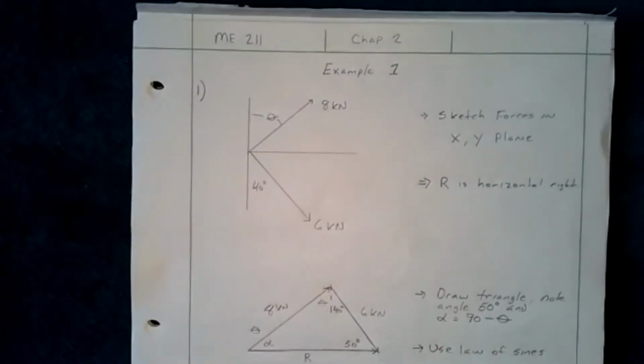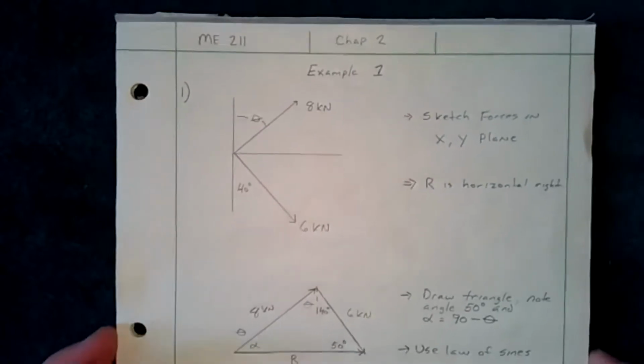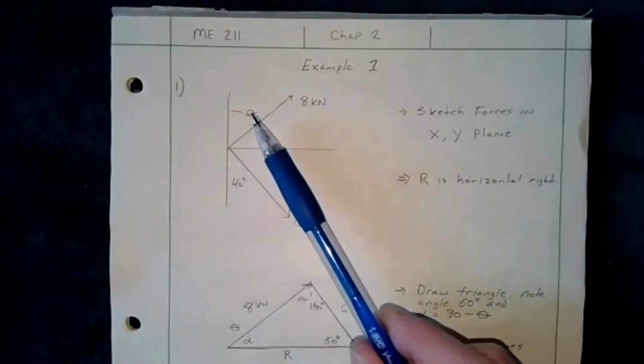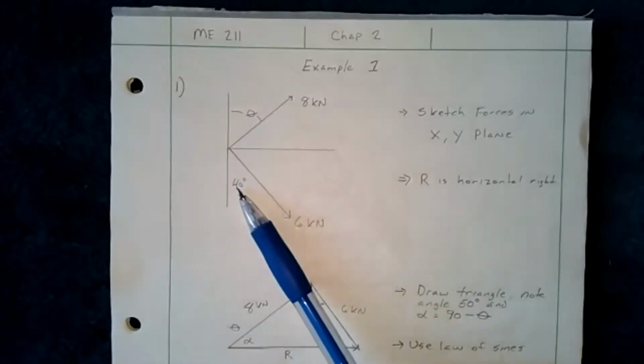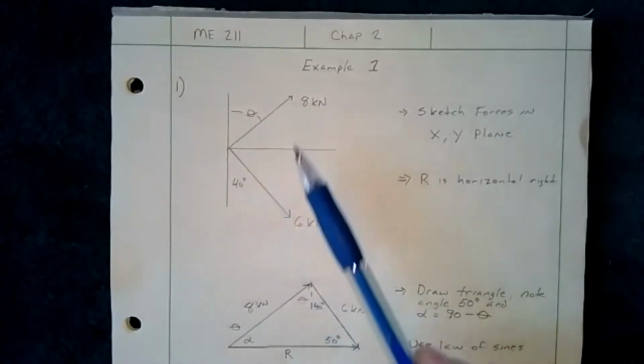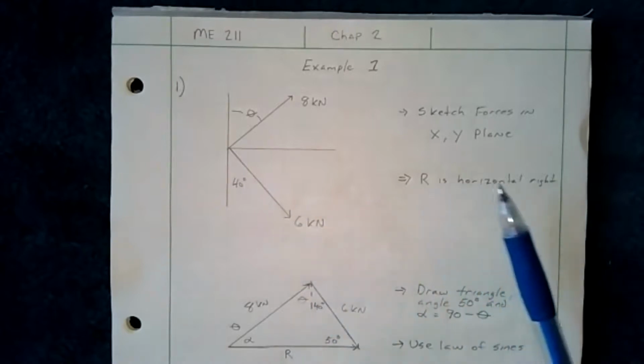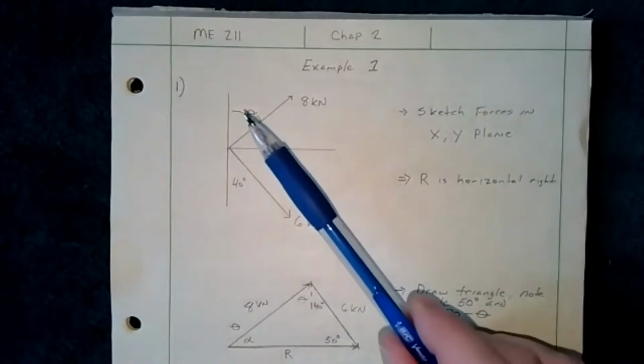So here is that example written out. Here I have my theta, I have my 40 degrees, 8 kilonewtons, 6 kilonewtons. I know I want to get R so that it's horizontal, and I want to find theta.